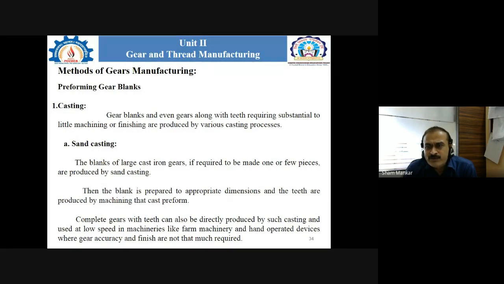Whatever difference was discussed by Devang as well as Ameya, these are definitely the points. Now, when we are considering casting as a gear manufacturing process, the gear blank means the circular shape of material from which we are making the gear. That particular part we can call a gear blank.